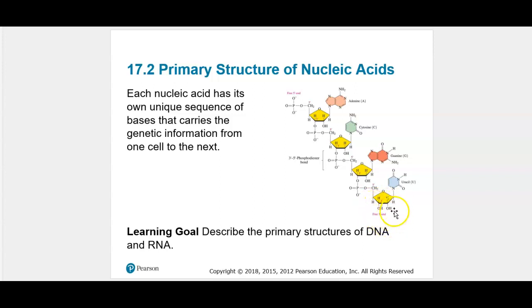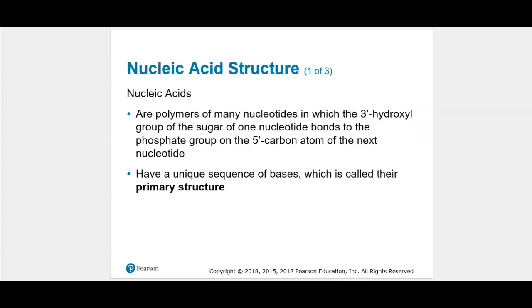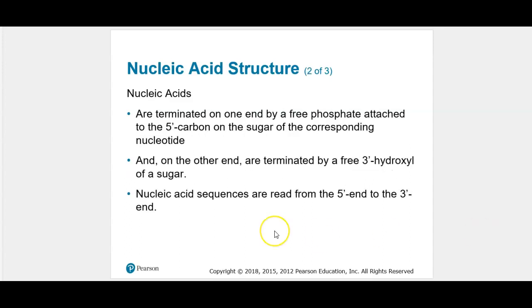The 2' does not involve itself in the formation of the nucleic acid in this polymer formation. It's just a 3' and 5'. In fact, in DNA, this 2' hydroxyl isn't even present. And we read from 5' to 3'.